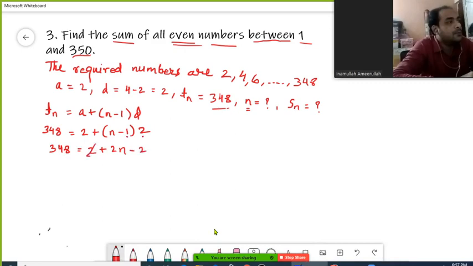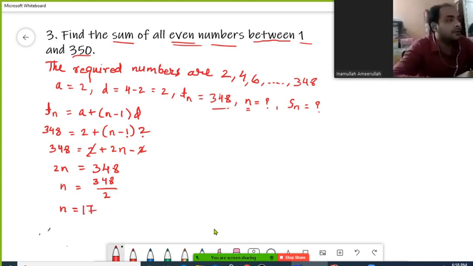So this positive 2 and negative 2 will become 0. So you can say 2n is equal to 348. So n is 348 upon 2, so this way we can find the value of n. 2 ones are 2, 2 sevens are 14, and 2 fours are 8, that is 174. So n is 174, which means from 2 to 348 we have a total of 174 numbers.